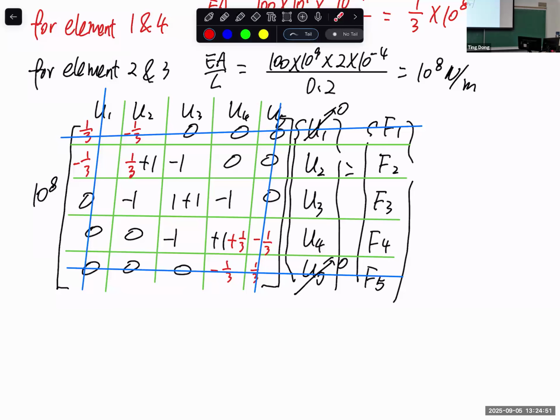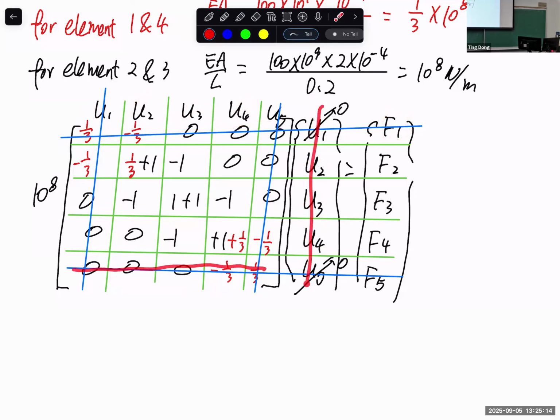Basically, in the matrix-vector operation, this one times this one plus this one times this one, and so on for all 5 components, and you get equal to F1. But F1 is unknown, so this operation cannot give you any information. Make sense or not?